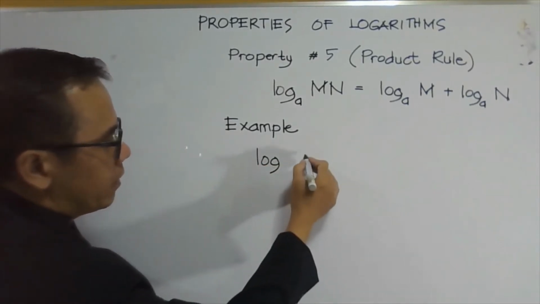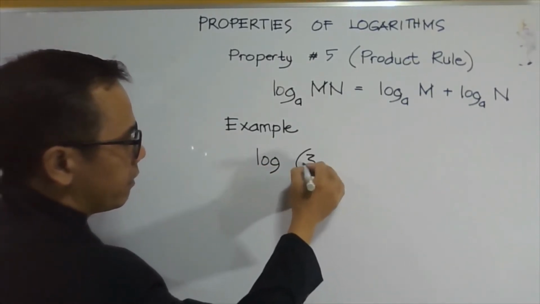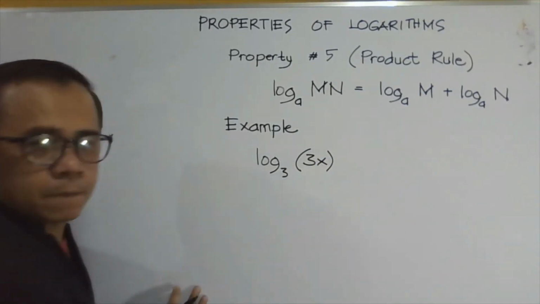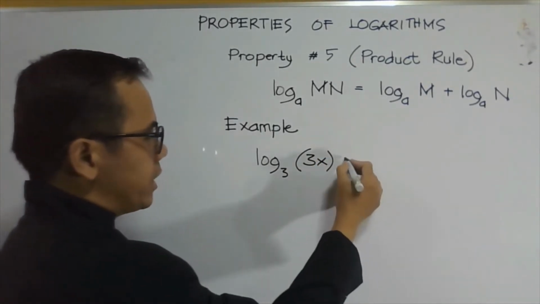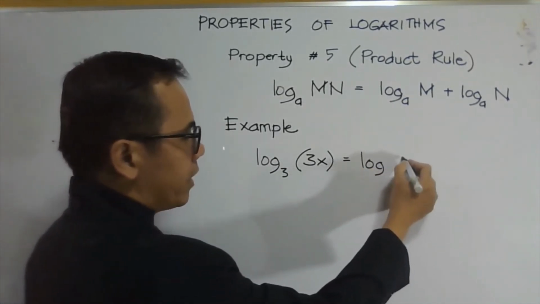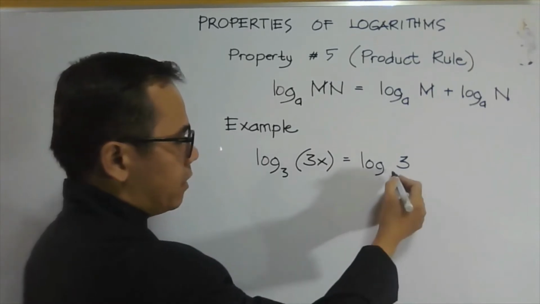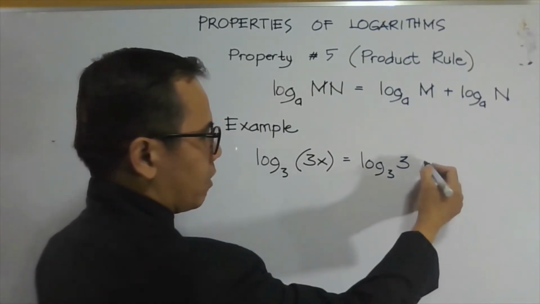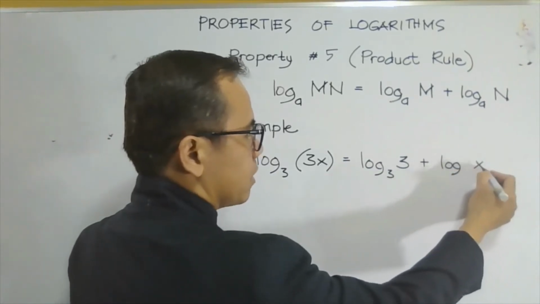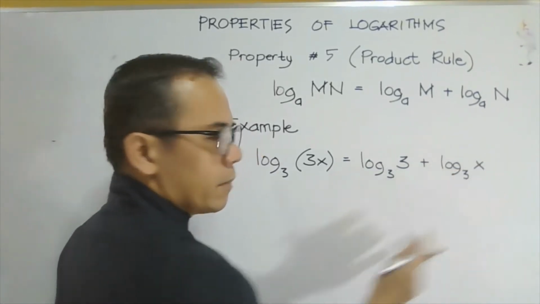For example, the logarithm of 3x base 3 is equal to log 3 base 3 plus log x base 3.